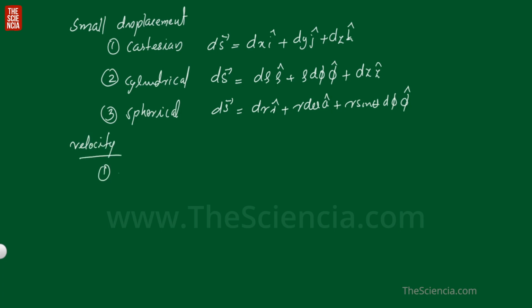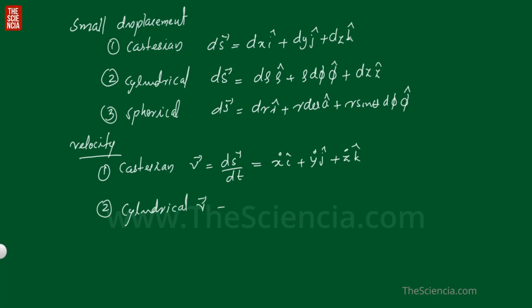So first in Cartesian, the velocity, that is v vector, we know it is ds by dt. So what we get is x dot i cap plus y dot j cap plus z dot k cap, right? And what will be in cylindrical coordinate system?